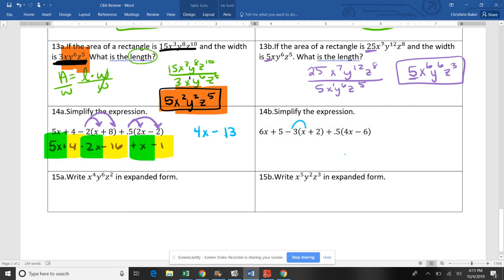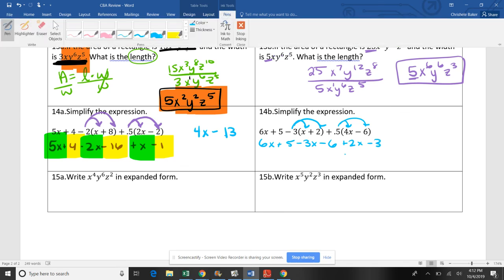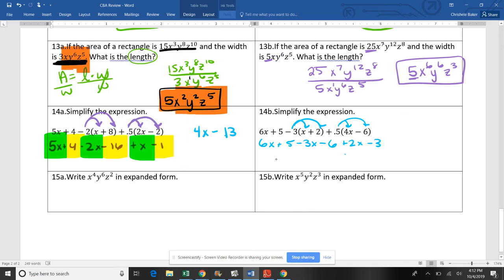All right, distributing my negative 3 gives me 6x plus 5 minus 3x minus 6. Distributing my 0.5, half of 4 is 2, and half of negative 6 is negative 3. Okay, so I have 6x minus 3x plus 2x.